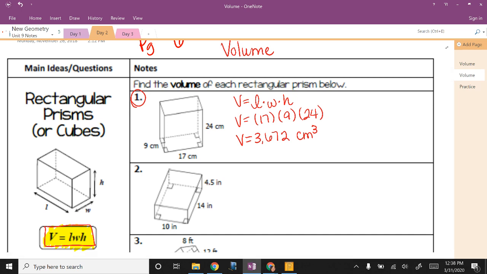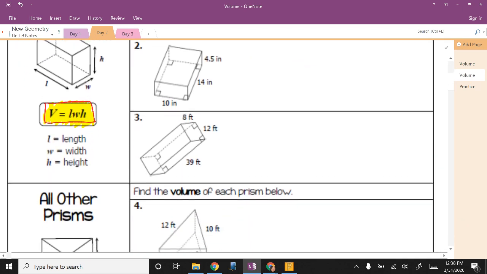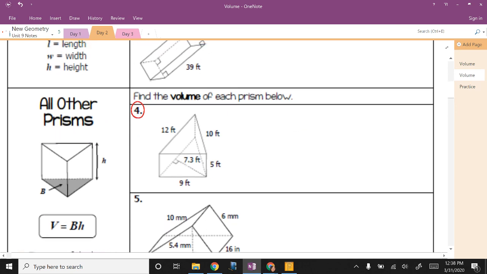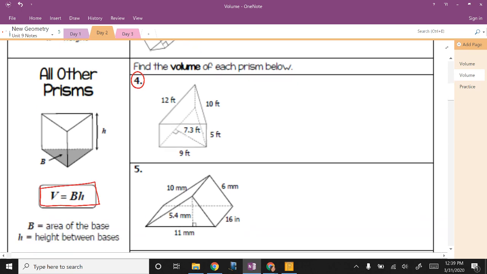So I'm going to go through and try to give some examples of different kinds of figures. Let's skip down on the same page to number 4 and do it with this triangular prism. Now, for any other prism, volume is big B times the height. Now, we learned last time we met that big B is always the area of the base.